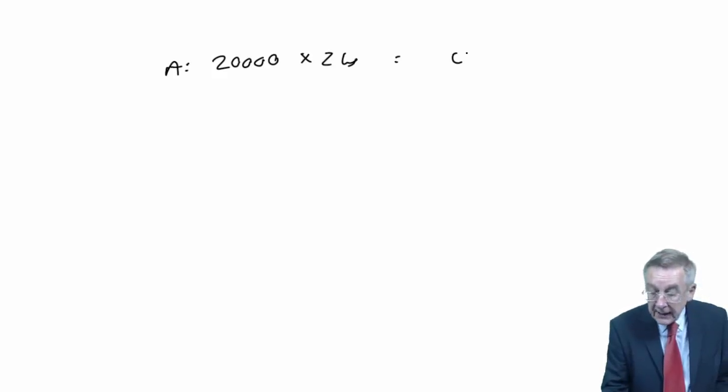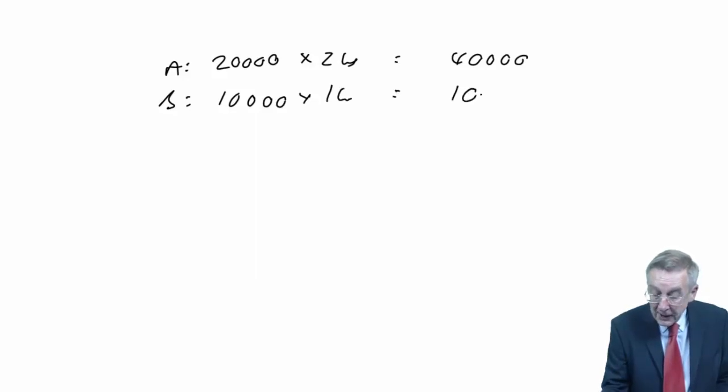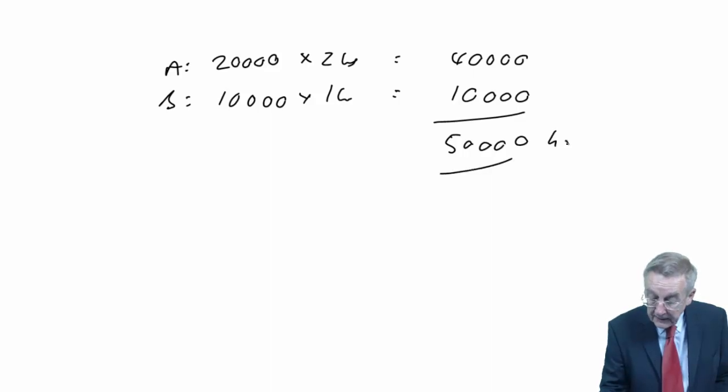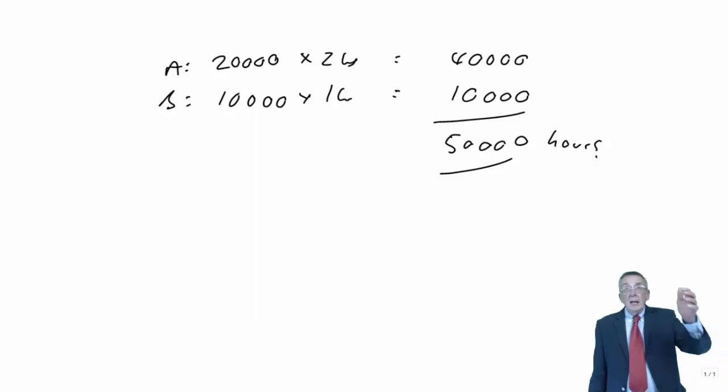But the problem we've got is if we did produce in full, then A, 20,000 units at 2 hours each would take 40,000 hours. If we were in addition to produce 10,000 Bs, well, at 1 hour each, 10,000, total 50,000.